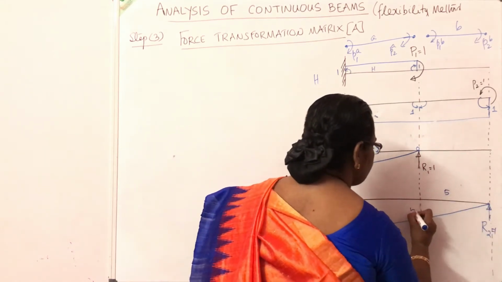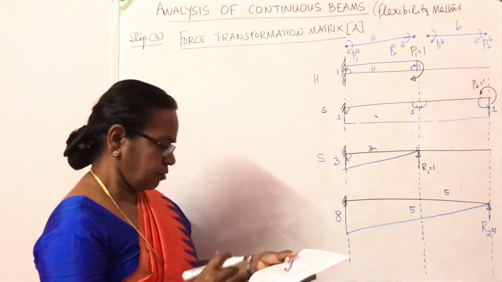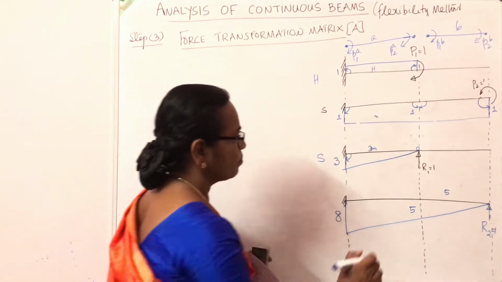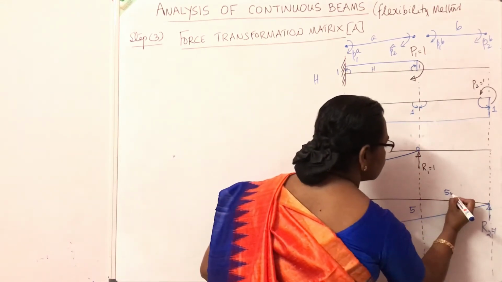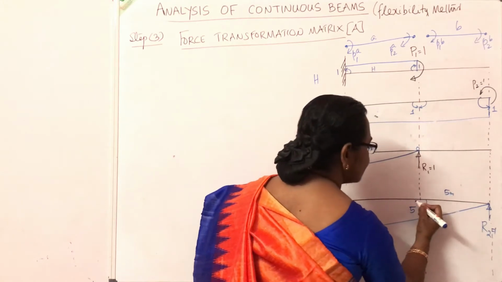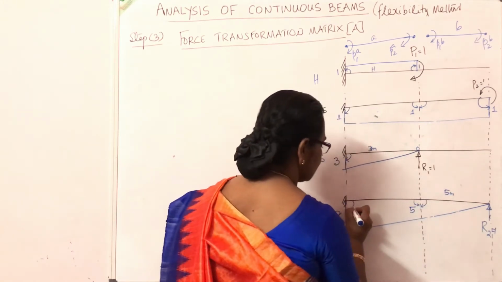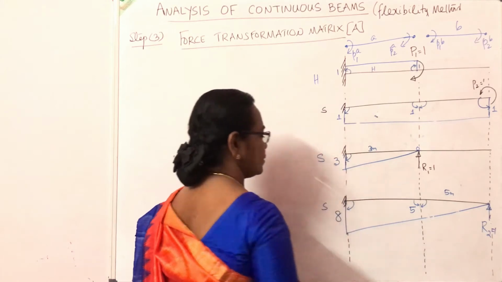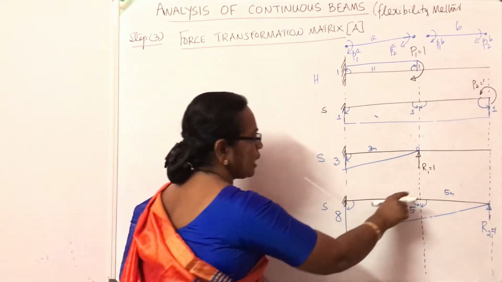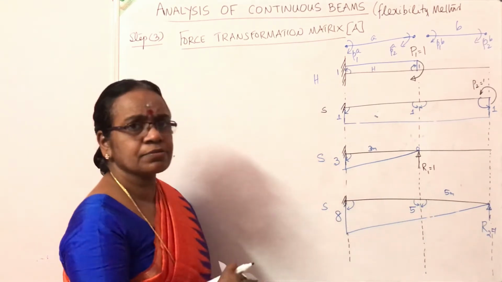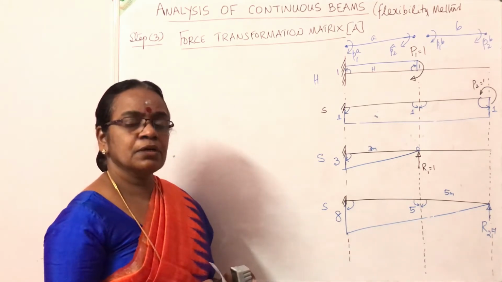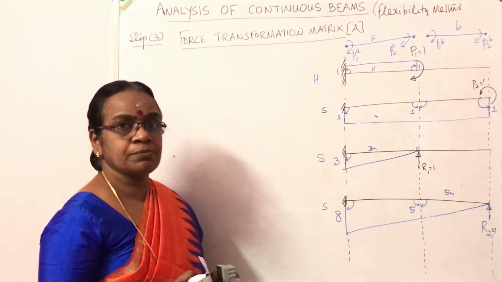So 1 into 5 is 5. Now regarding the sign, here the moment is 0. It's clockwise, anti-clockwise, clockwise. This is a sagging moment. So from the base to the ordinate, you mark this. These things we have discussed in the video on the force transformation matrix.